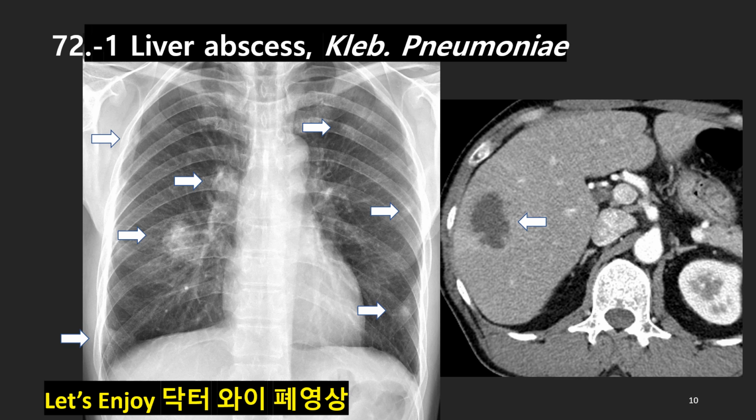On the left side film, the chest radiograph shows us many ill-defined variable-sized nodules, peripheral dominance, bilateral distribution.